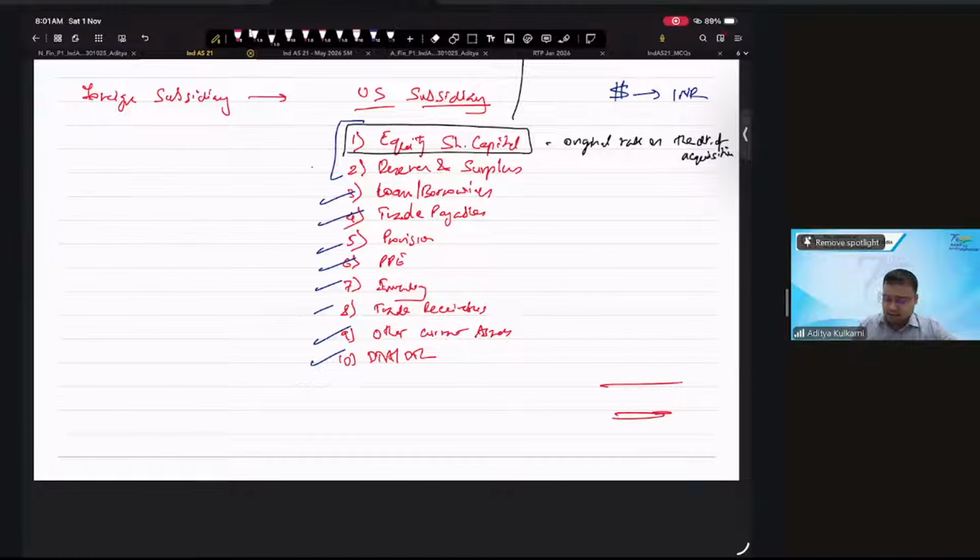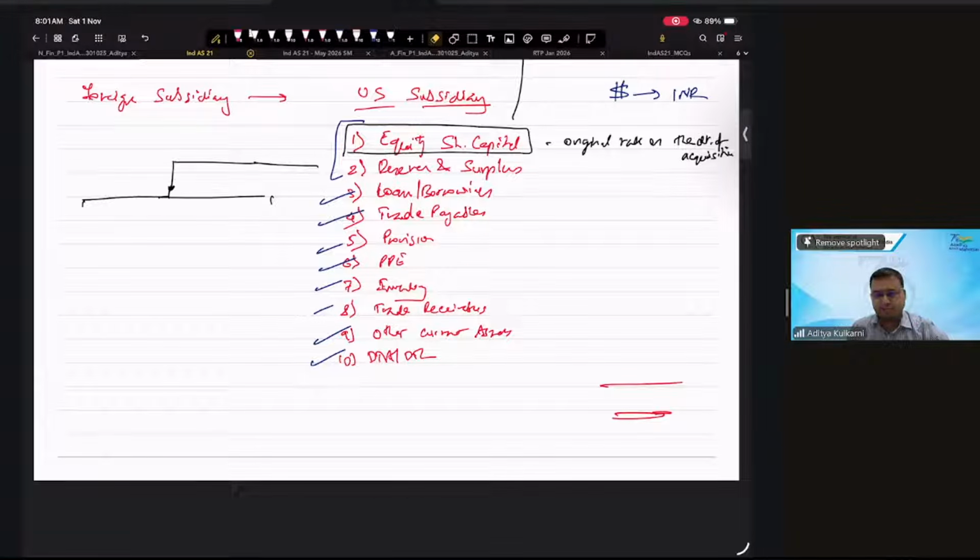Typically, assuming you have purchased the subsidiary, you have not incorporated it, there would be some reserves on the date of acquisition. Suppose there is an independent entity which is running a foreign subsidiary, and you come in and buy a controlling stake in that foreign subsidiary.